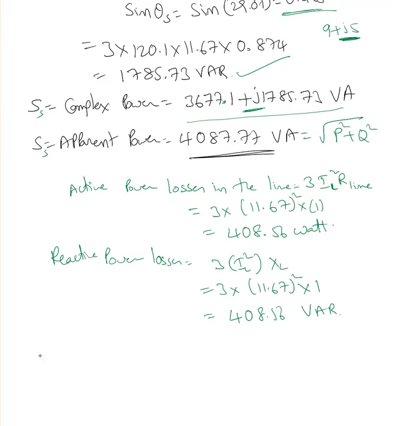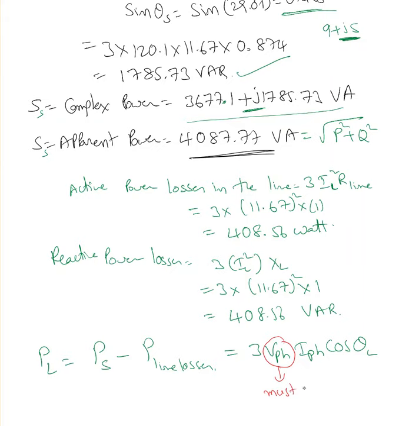Now the power consumed by the load, PL, can I say this is P source minus P line losses? So PS minus P line losses. Can I use 3 times VPH IPH cos theta L in this case? You can use this formula, but the important point is it must be the voltage across the load.